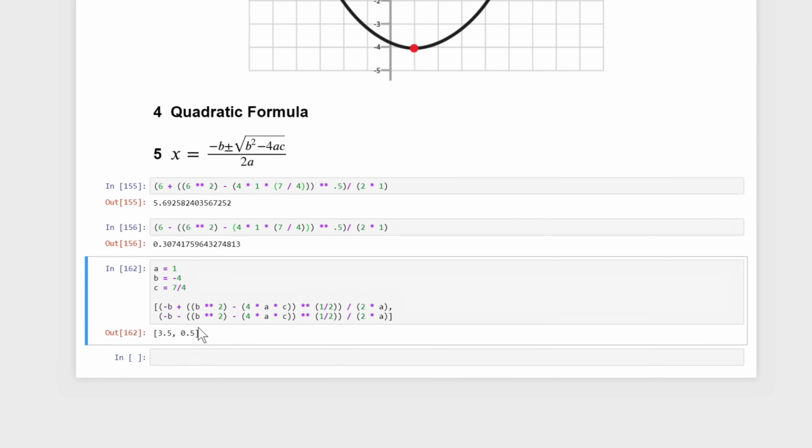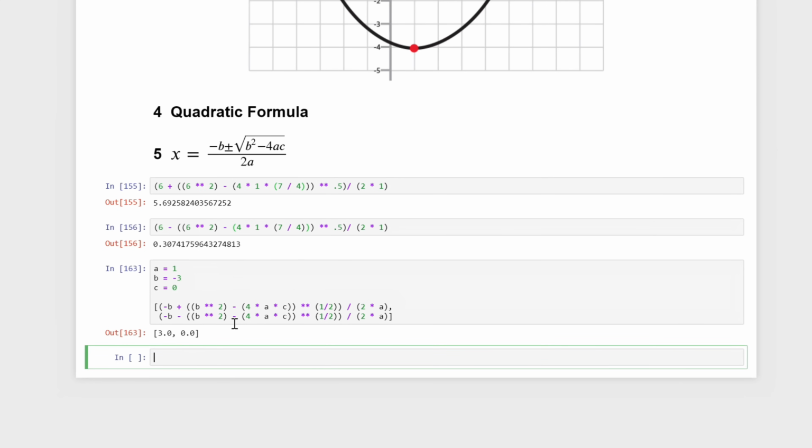Now we were able to find those exactly because we were going up by 0.1, and it was 3.5 and 0.5. And in the very, very first one that we did, we actually had c equal to 0 and b equal to -3, and this was the exact solution we found there. That was completely guess and check, right? So this is going through all the different methods that we had used and plugging it into the formula and making sure we get the same result, and we do, right? So it's illustrating that this is two different ways of solving this problem.